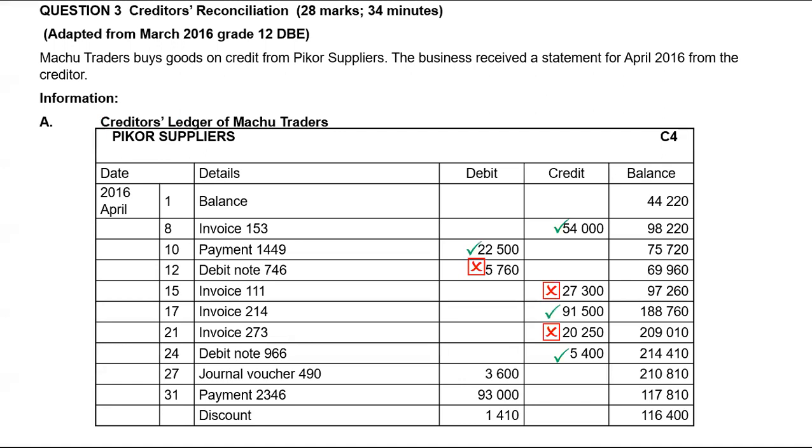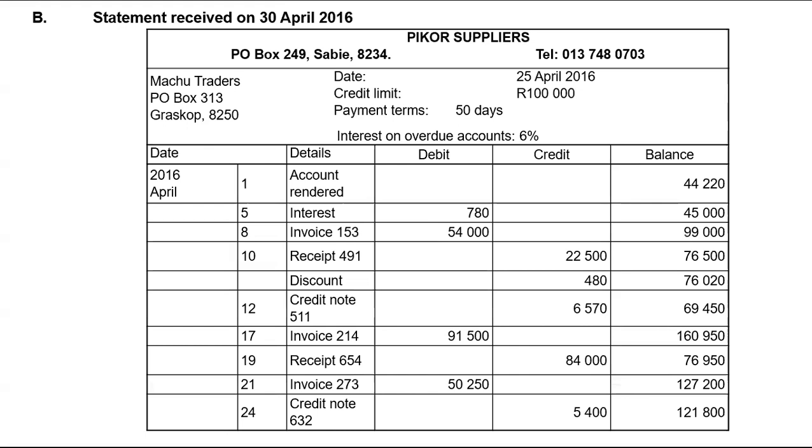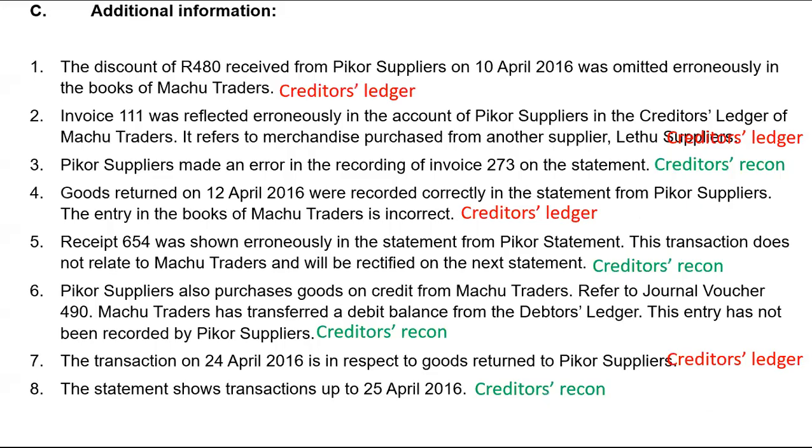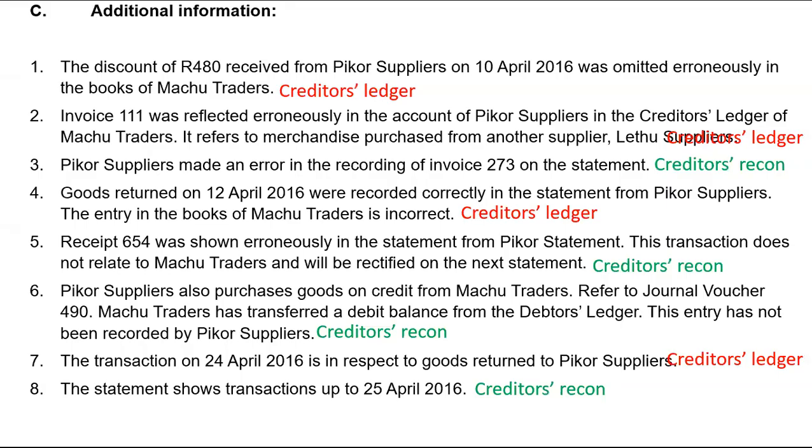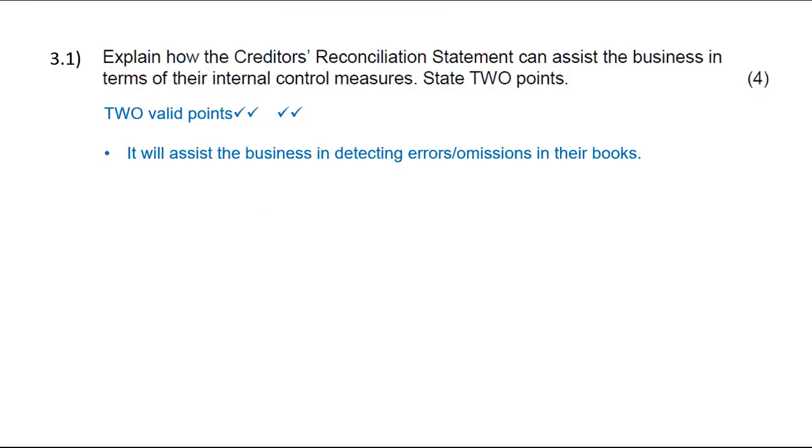So you will circle those. They will all go to the creditors reconciliation, obviously. Okay, and this is what you will have. This is the answer.